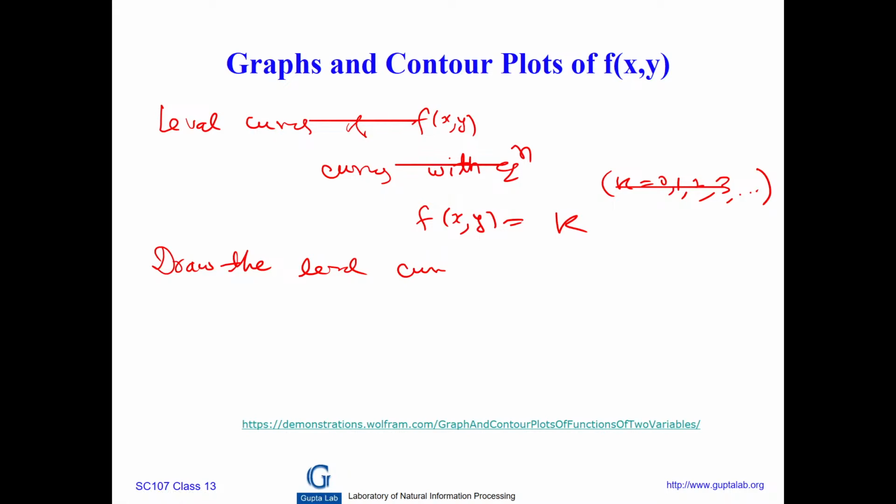You see, f of x comma y is z. If you vary x and y, and z, you get a whole surface. But if you take f of x comma y as one fixed number k, that is one slice. Then take another one and another one, so the whole thing can be built.